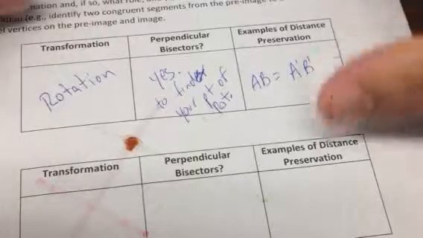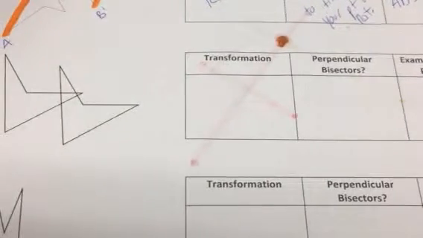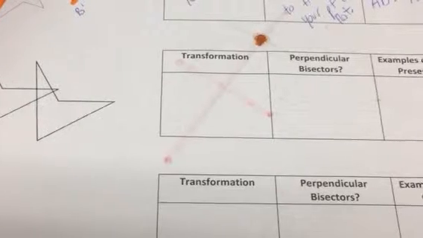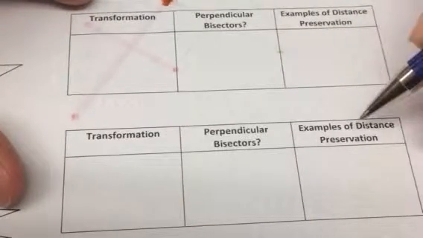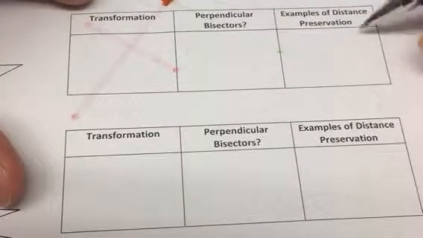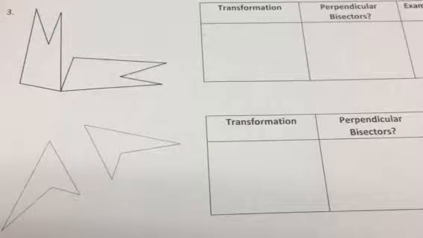That's it. That's what you're going to need to do with all of these. What type of transformation is it? Are perpendicular bisectors used? Yes or no, and how? And then provide some examples of distance preservation.